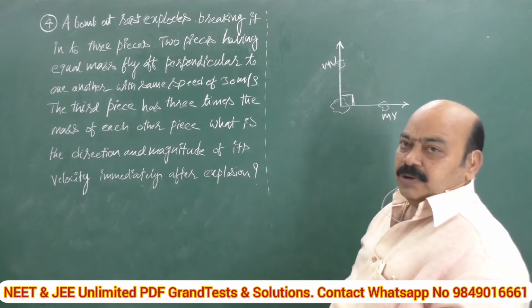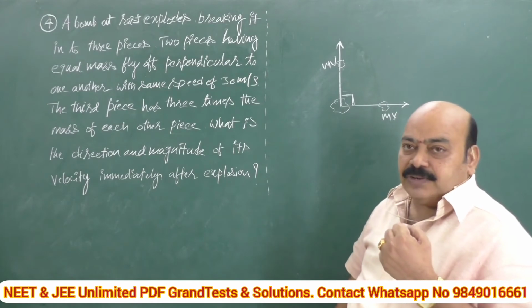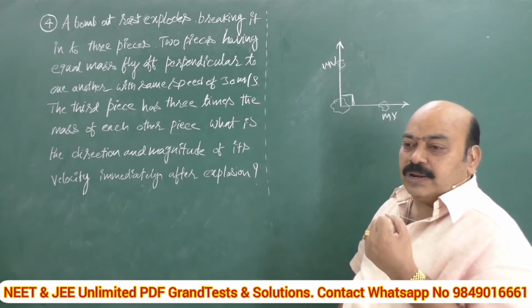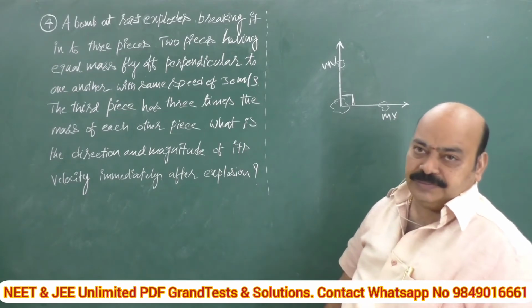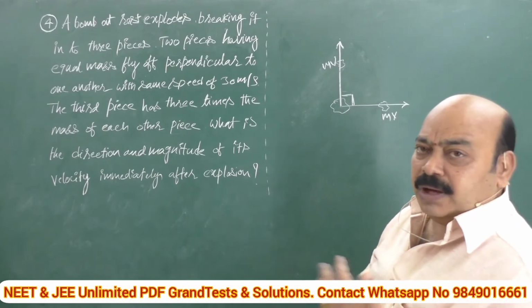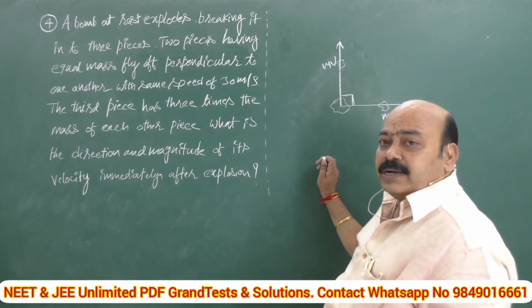What about the third mass? Once again recollect the statement of the law of conservation of momentum: total momentum before impact is equal to total momentum after impact. What is the total momentum before impact?